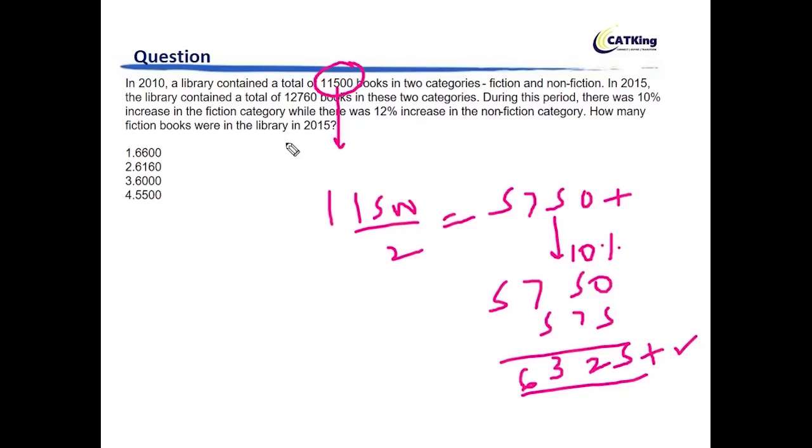So fiction books in the library in 2015 should be more than 6325. There is only one option which is more, which is 6600. If you can do this calculation, you will not take more than 5 to 7 seconds to solve this question. I hope this calculation is clear. This is actually one of the fastest ways of solving this question.